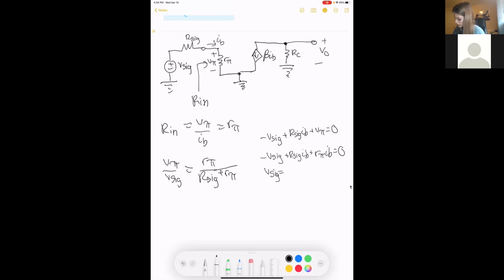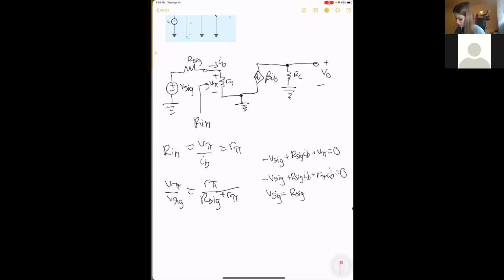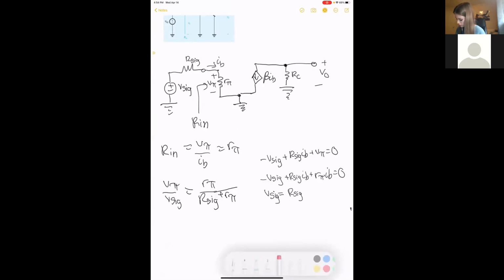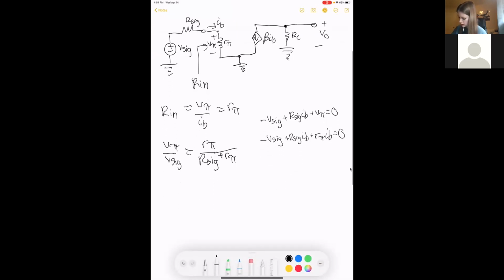So you want to write the two equations for IB that you can get from these two.